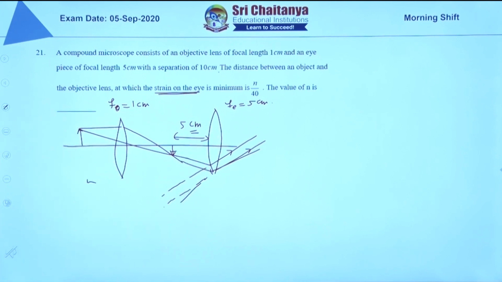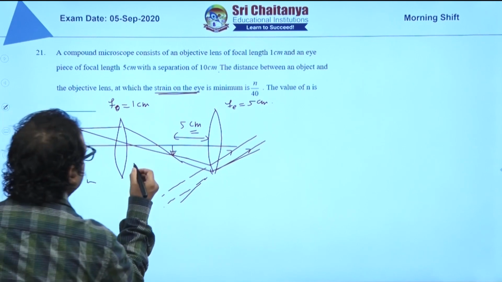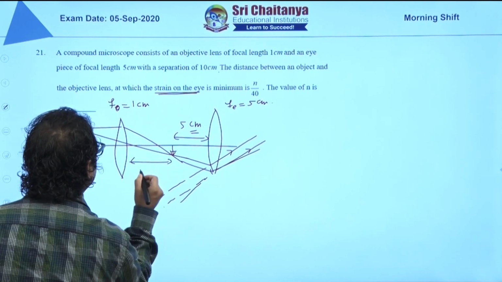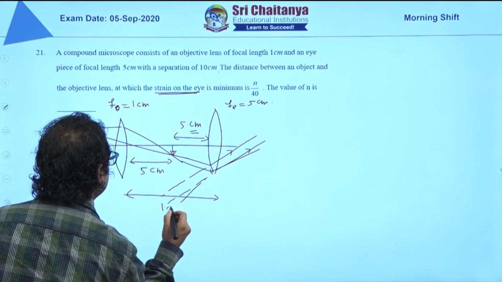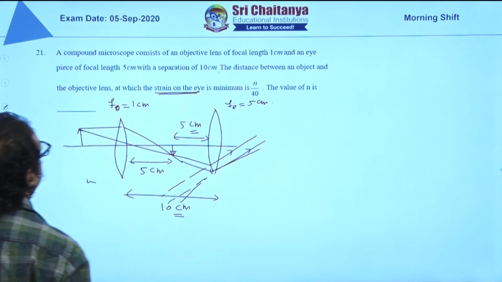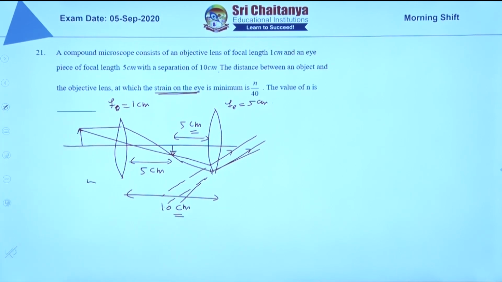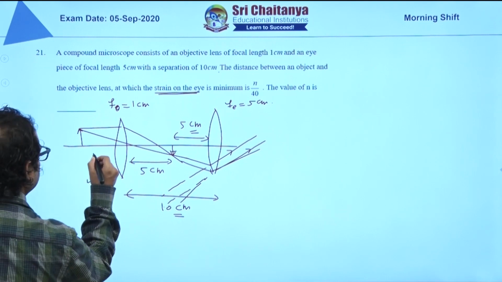Now, it is given that the separation between the lenses is 10 centimeter. So, what is remaining? This one also is here 5 centimeter, because the total distance is given as 10 centimeter.